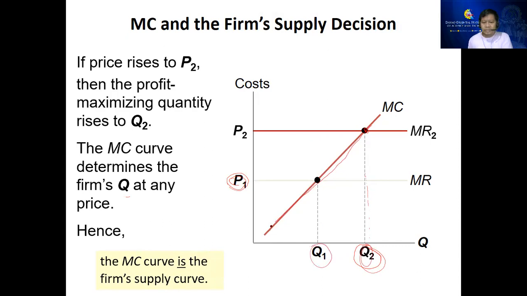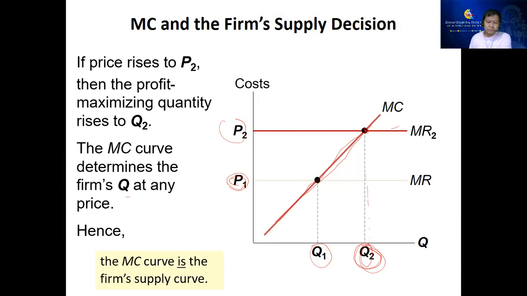So kung asa mag-intersect ang imong marginal revenue which is equal to the price, kung asa mag-intersect siya sa MC, so diha ang imong price ug mao pud na ang imong quantity nga i-supply. Sa ato pa, ang marginal cost curve, itong MC, is the firm's supply curve.